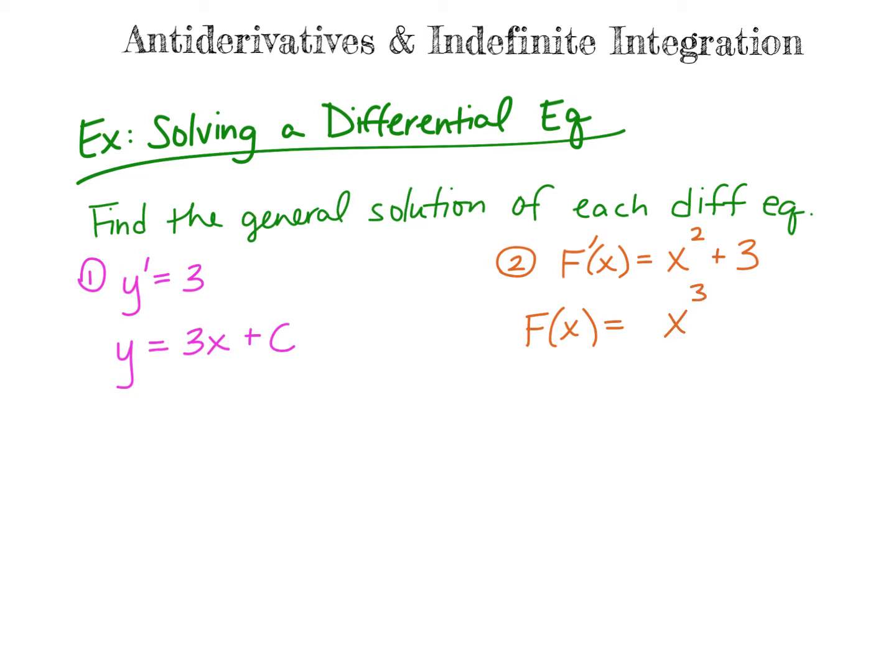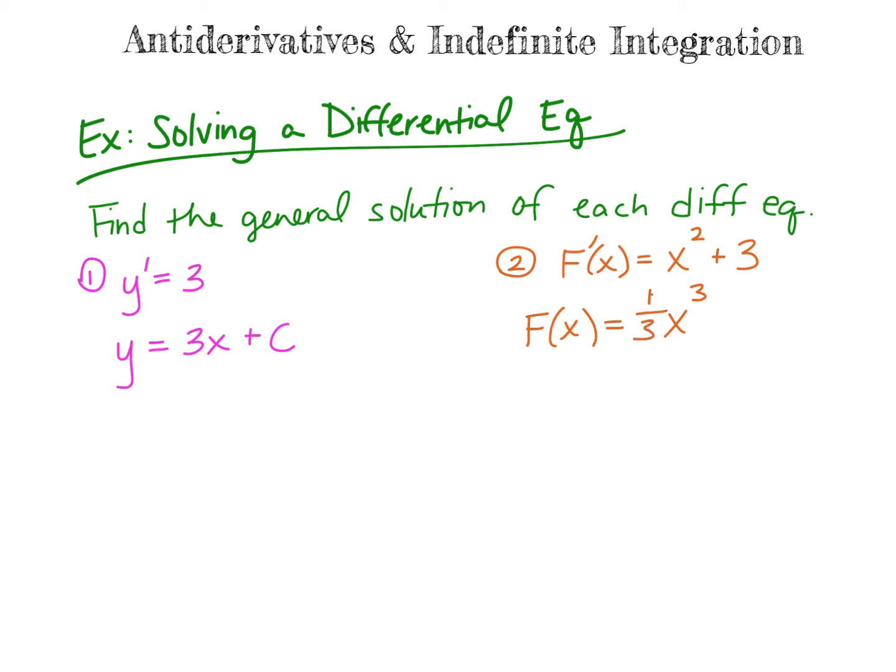Now, if we think about using the power rule on x cubed, there would have been a 3 out in front, and it would have been 3x squared. But we don't have a 3 here. We have a 1. So when we took this 3 out front and used the power rule to find the derivative, that 3 had to multiply by something out front to cancel out and leave us with just a 1 out in front. So we had to actually have a 1/3 out in front here.